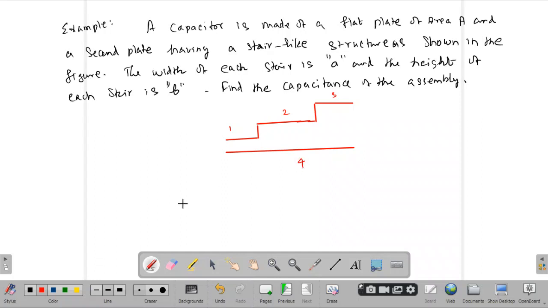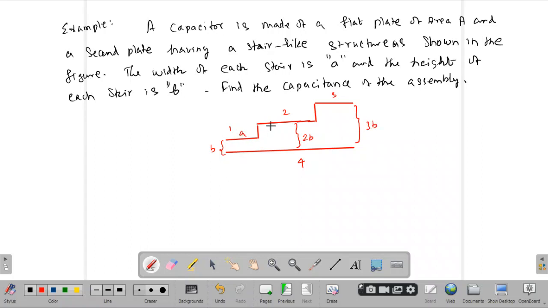This separation is B, another is B. What about this separation, 2B, and the third separation 3B?